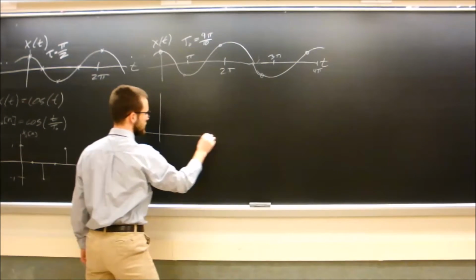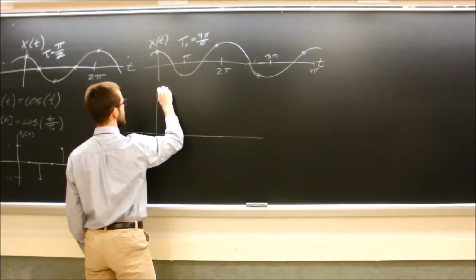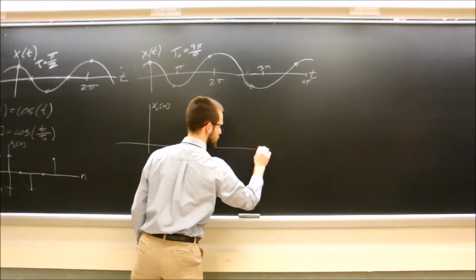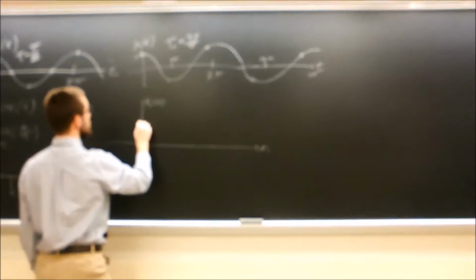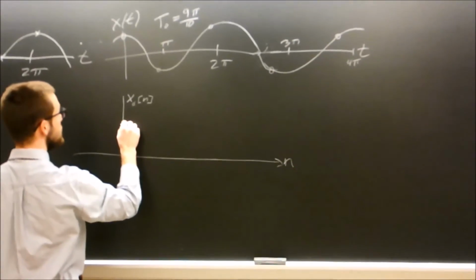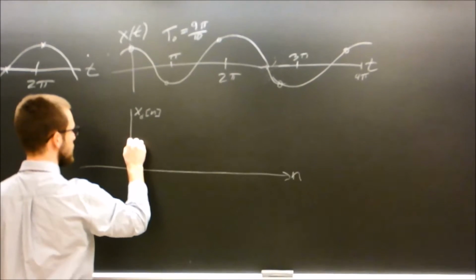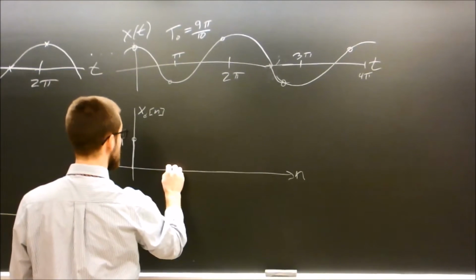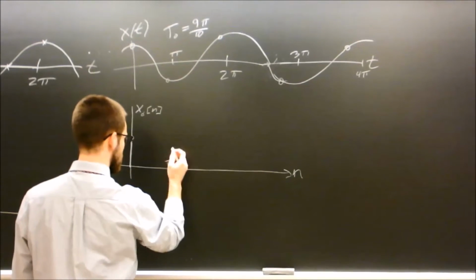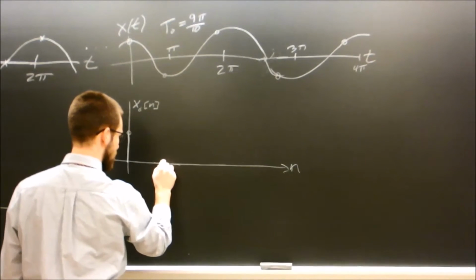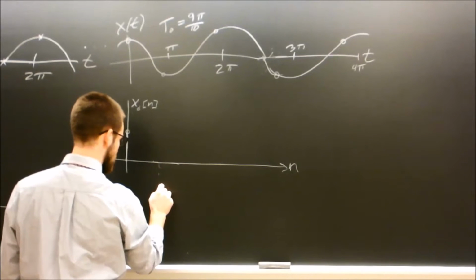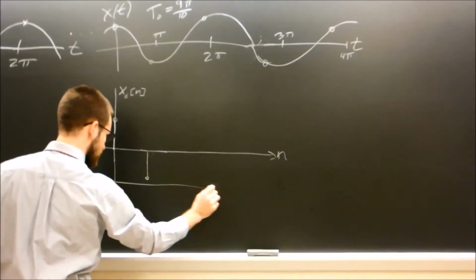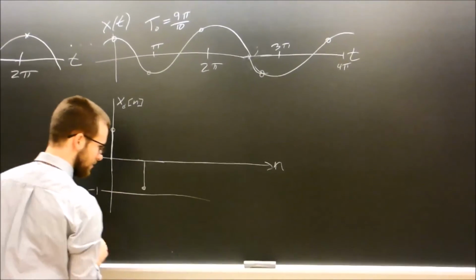Now when I draw this in discrete time, xd of n, our first sample is up here at 1. Our next sample is here, and its value is a little bit less than minus 1.